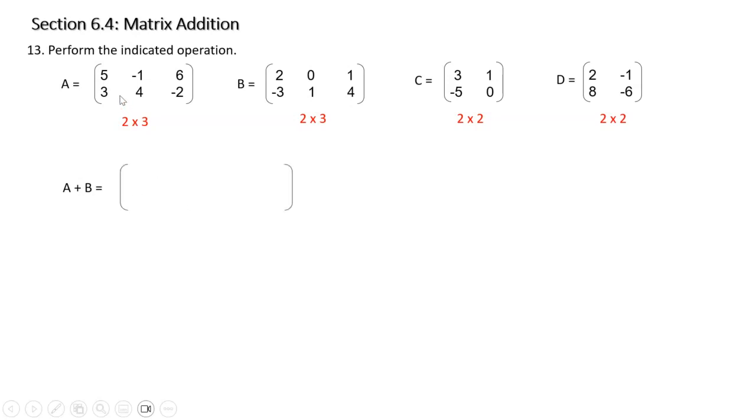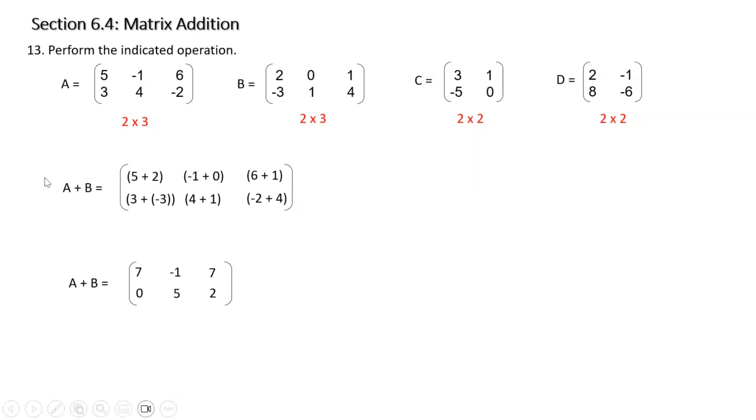We can add them. So it's going to be 5 plus 2, negative 1 plus 0, 6 plus 1, 3 plus negative 3, 4 plus 1, and negative 2 plus 4. So the result for A plus B will give us 7, negative 1, 7, 0, 5, and 2.